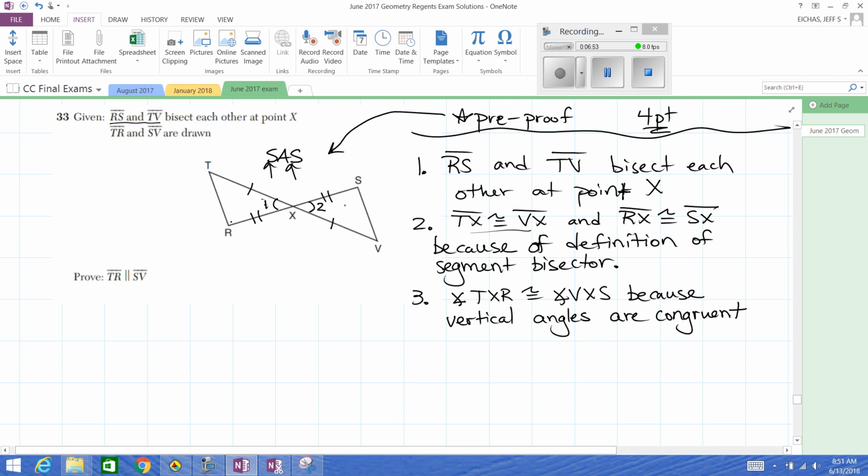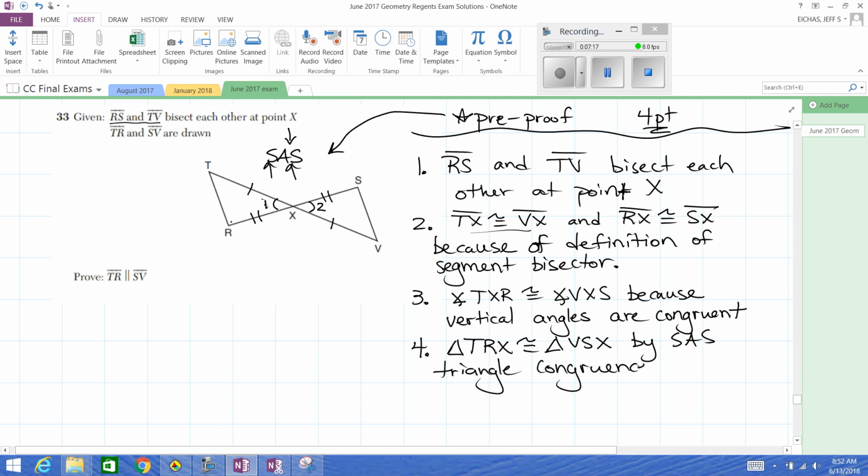This gives us our pair of angles congruent. So we did satisfy side-angle-side. What we can say now is triangle TRX is congruent to triangle, I got to get this right, got to coordinate it, VSX by side-angle-side triangle congruence theorem.